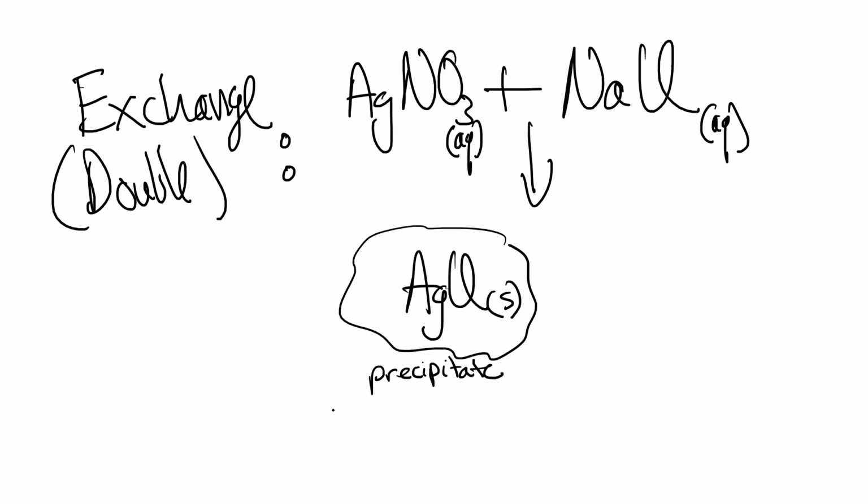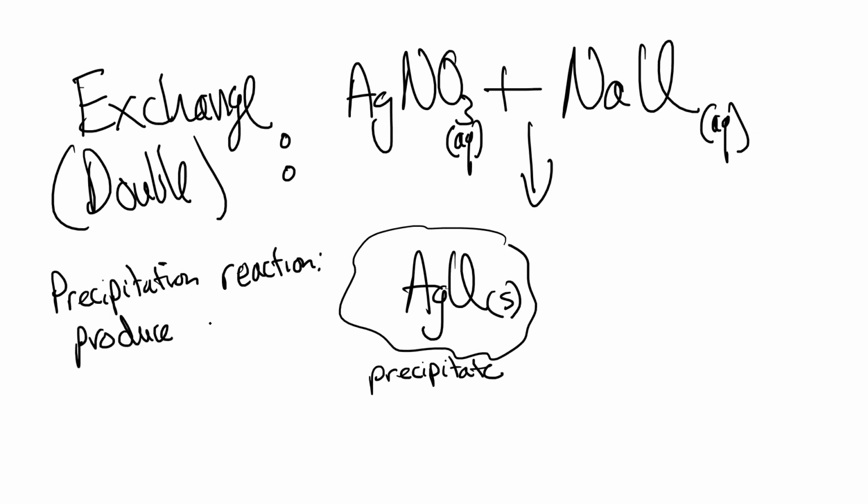A precipitation reaction means you produce a solid, an insoluble solid. More specifically, it's an insoluble solid, because there are solids certainly that will dissolve into solution.